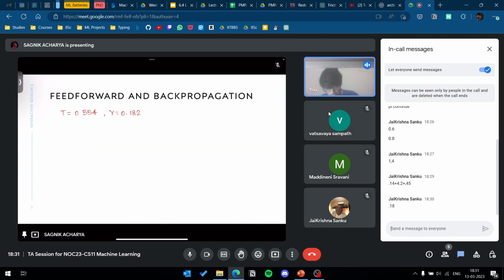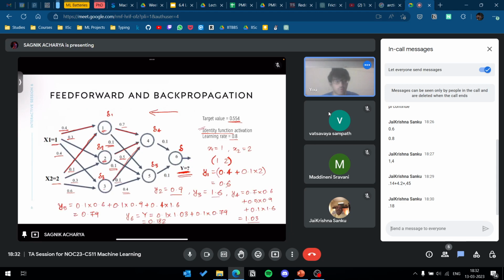So what is delta then? Delta is equal to t minus y, so this is 0.372. Now that we have delta, what is delta 4 now? Can someone tell me what the formula for delta 4 should be?